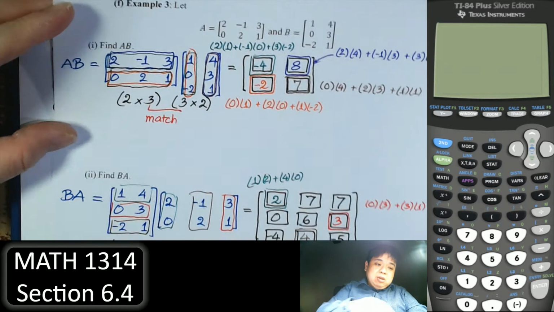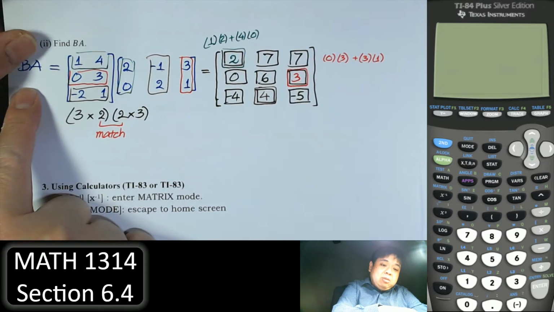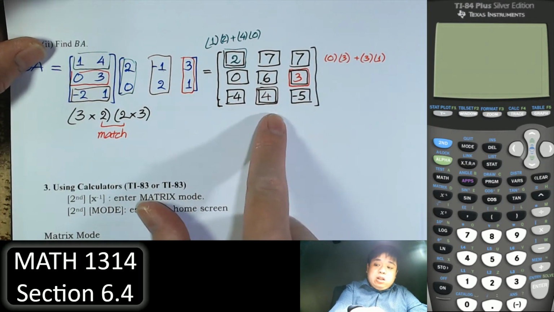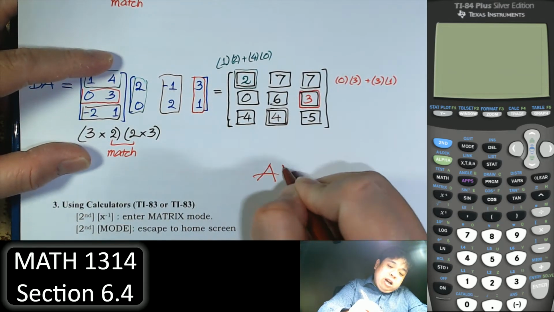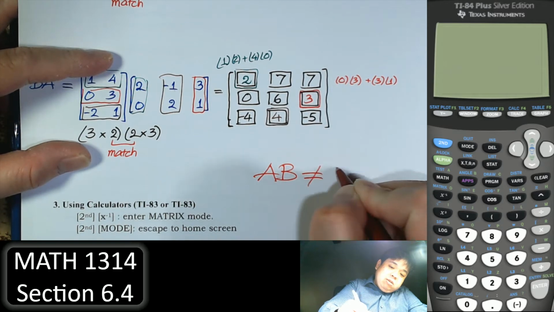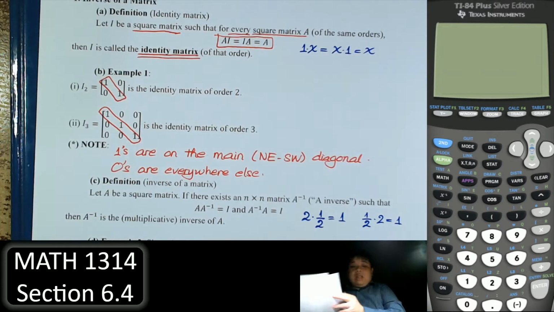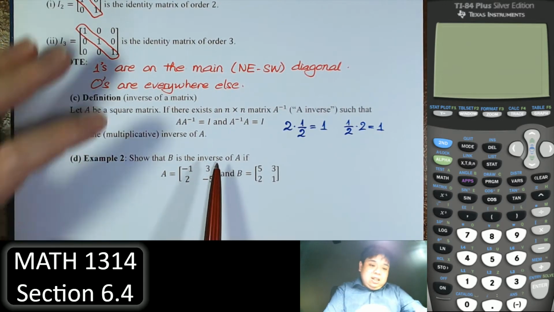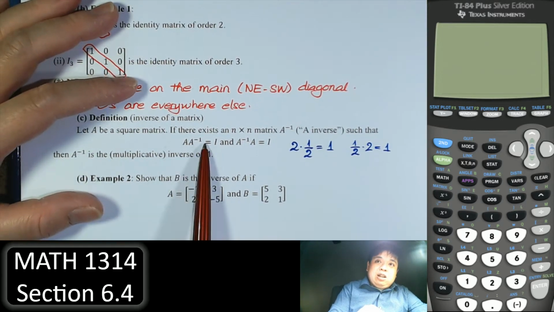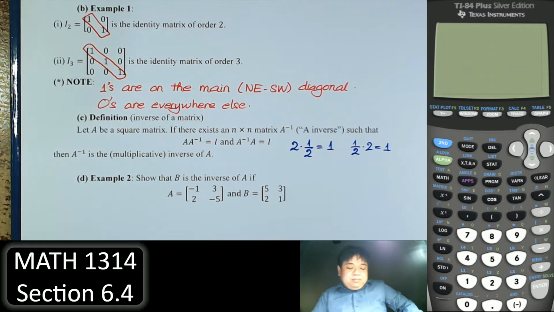We have A times B, which is a 2 by 2 matrix, and B times A, which is a 3 by 3 matrix. In general, A times B is not the same as B times A, so we have to check that the product in either direction equals the identity matrix.